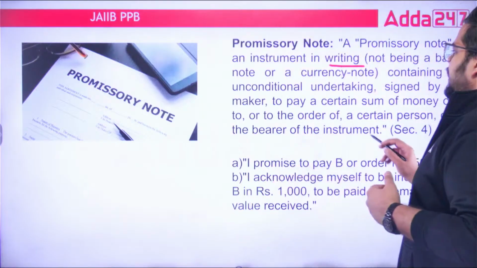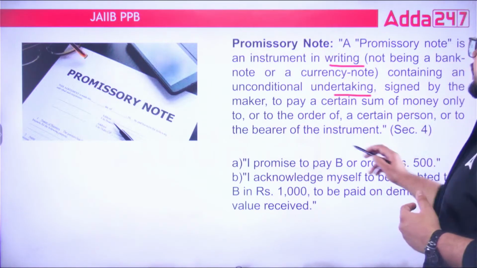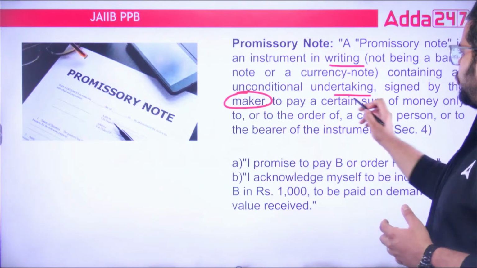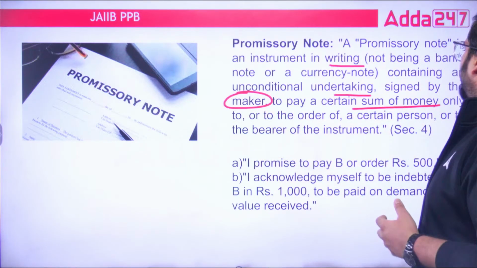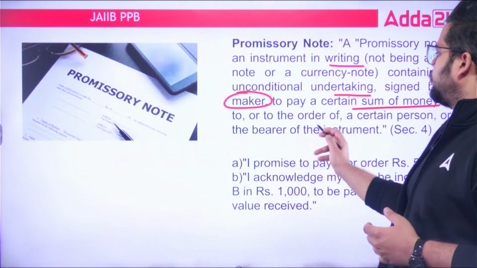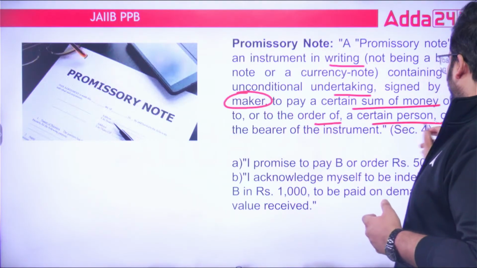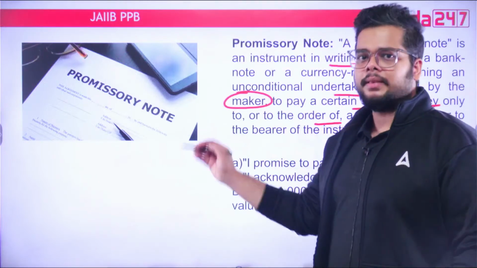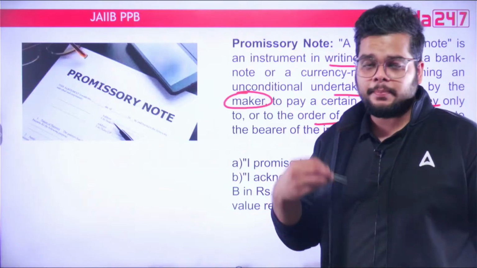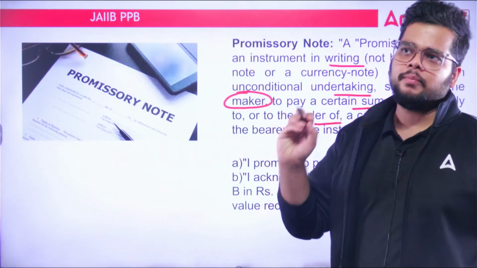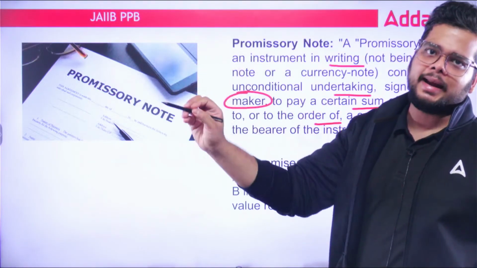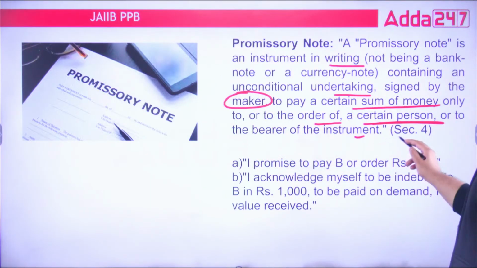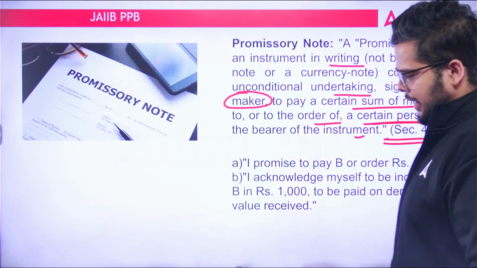It contains an unconditional undertaking signed by the maker, who has made this undertaking to pay a certain sum of money only to, or to the order of, a certain person, whosoever is the beneficiary. It will be signed by the person who is paying, and the name of the person to whom it is directed will also be mentioned here, or to the bearer of the instrument, as mentioned in section 4 of the NIA again.